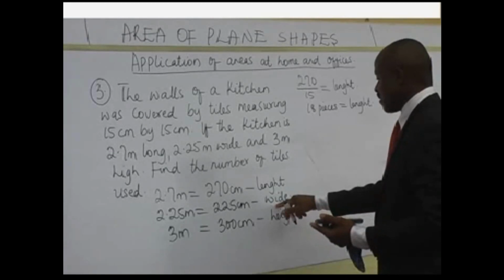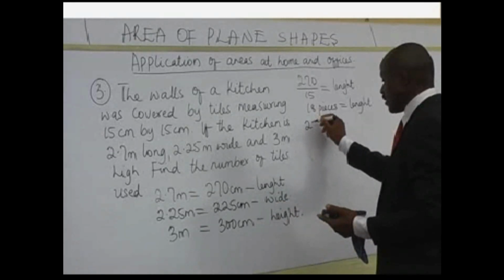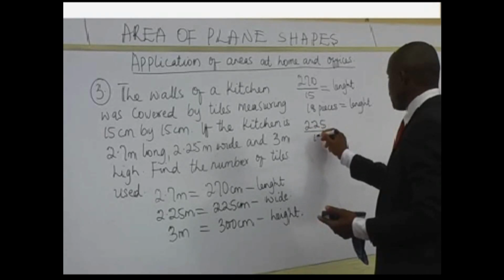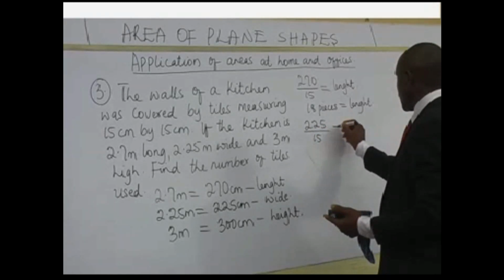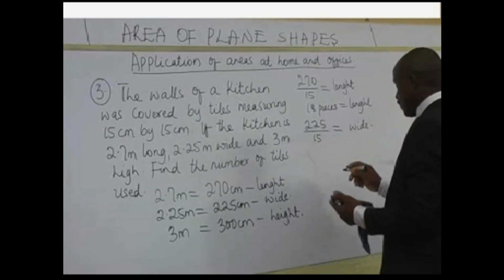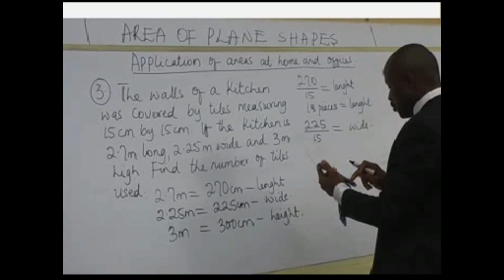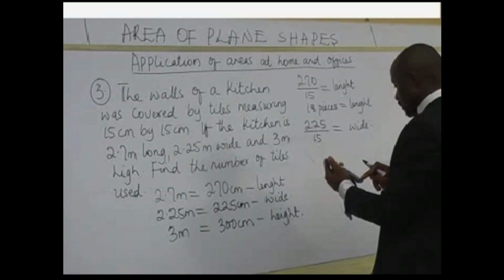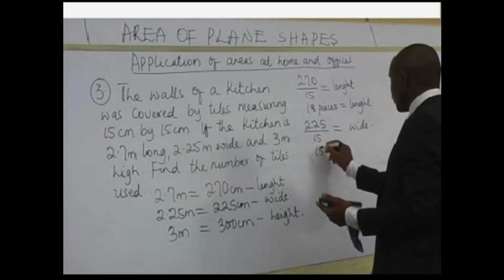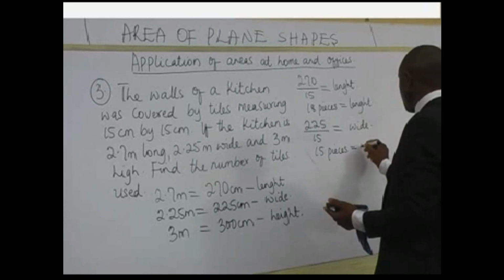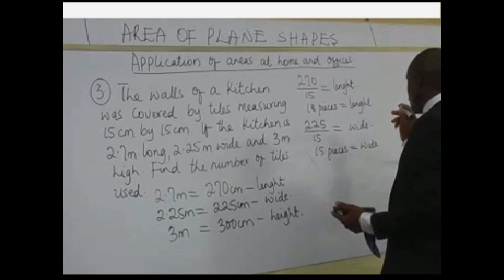For the wideness of the kitchen, we require 225 divided by 15. This is for the wideness. 225 divided by 15, giving us 15 pieces. This is for the wideness.